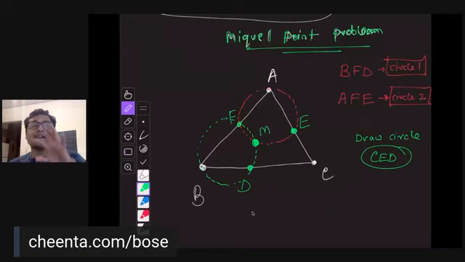The point where the red circle and the green circle intersect, that point is M. I want to draw the circle CED, but you know what will happen if you draw it? At least we can try to show that it will pass through the point M. If you draw CED, it passes through M.